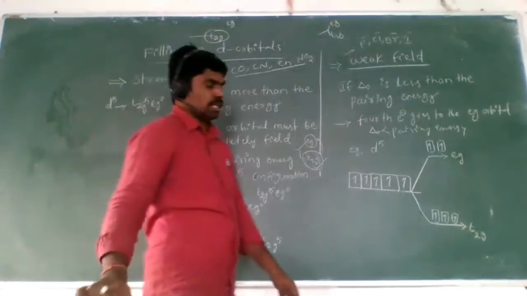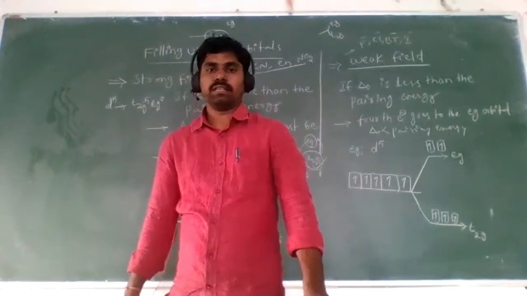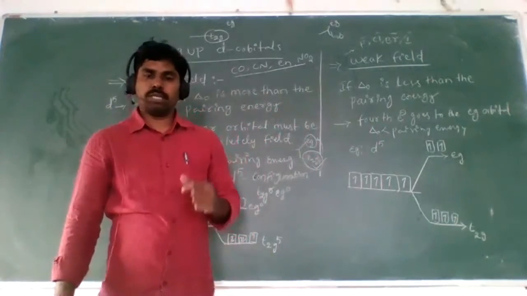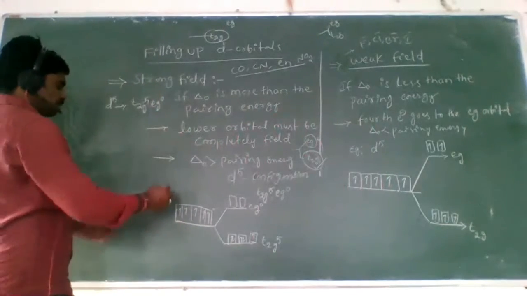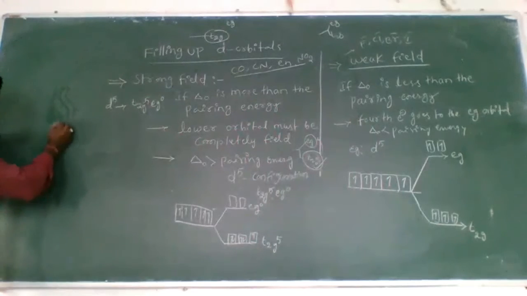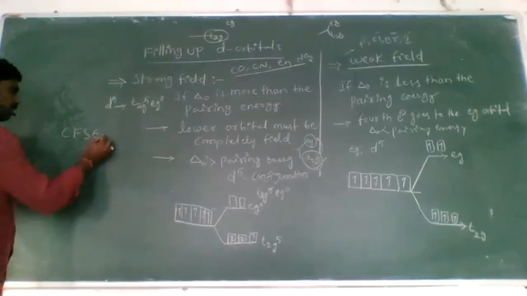Right. Now see here, now we have to find out the crystal field splitting energy or crystal field stability energy. How can we find out the crystal field stability energy? Look here, I am writing the short form, CFSE, the crystal field stabilization energy. Is that clear?